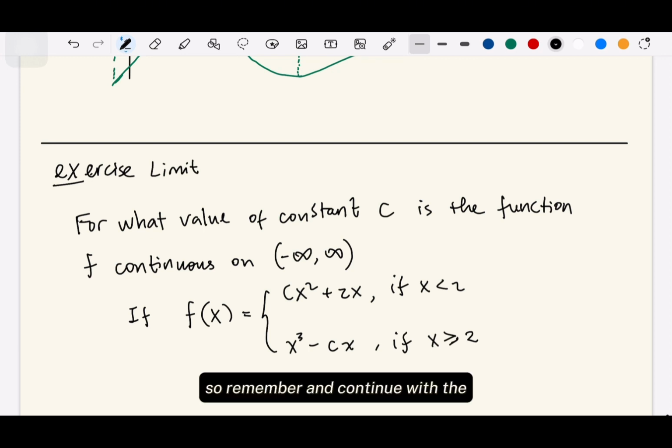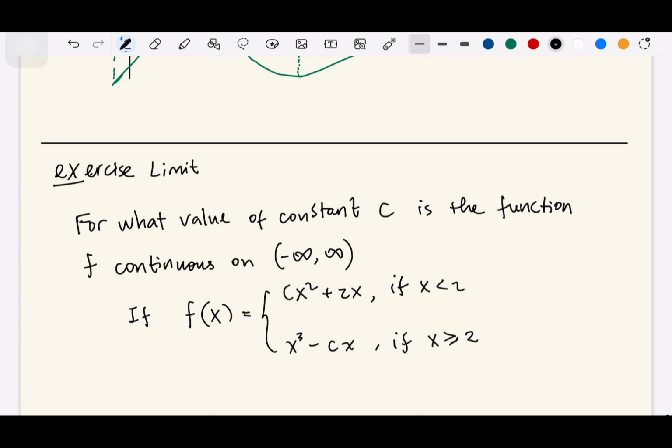Remember, I explained continuity at the beginning of the class. What should we do first? We need to make sure we see that it's continuous.